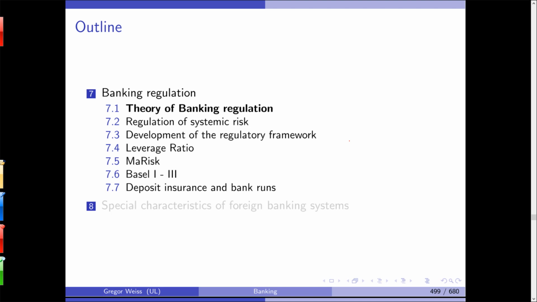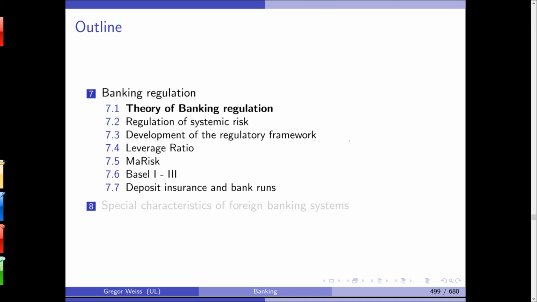We've seen the Diamond model here as well, but he goes into a little more detail. Theory of banking regulation, regulation of systemic risk, regulatory framework, leverage ratio. In Germany, we have the minimum requirements for risk management, which we call MaRisk, Mindestanforderungen an das Risikomanagement. That is included in our financial supervision regulatory framework.